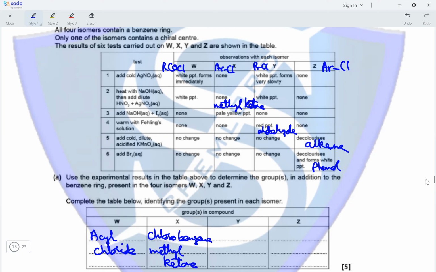In Y, we have the presence of chloroalkane and the presence of an aldehyde group. So two groups have been identified. In Z, we have the presence of chlorobenzene, the presence of alkene, and the presence of a phenol group.